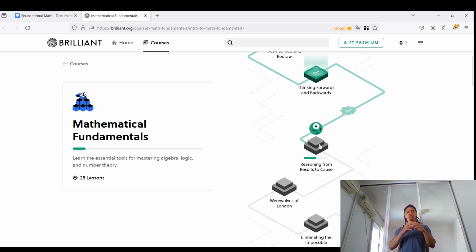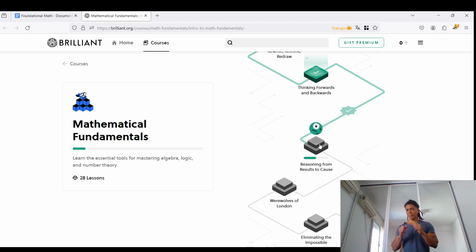Because working forward and backward, especially in logic, the key difference is where you start. Where do you focus first? And by doing that, you ask yourself whether it's forward or backward.